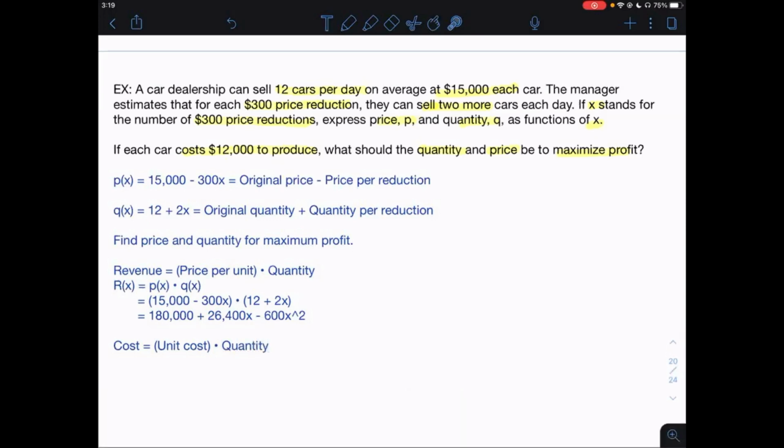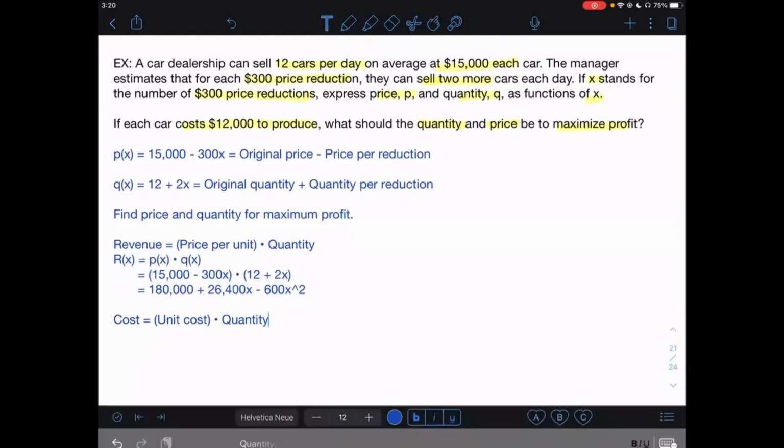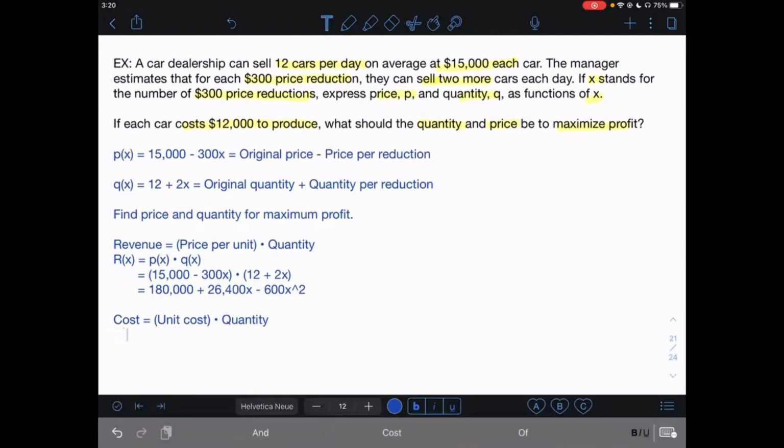To figure our total cost, we first figure out how much it costs per unit, and then multiply that by how many units we plan to produce. That's the unit cost times quantity.